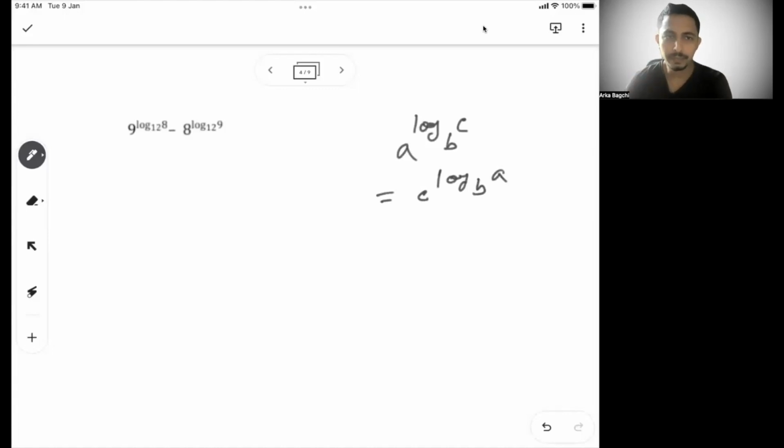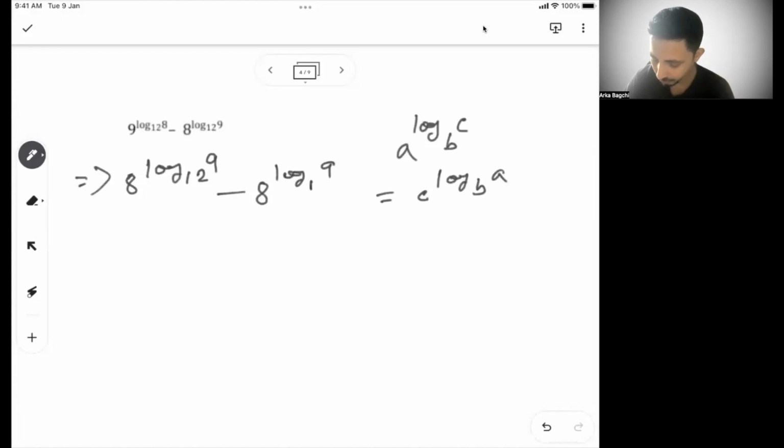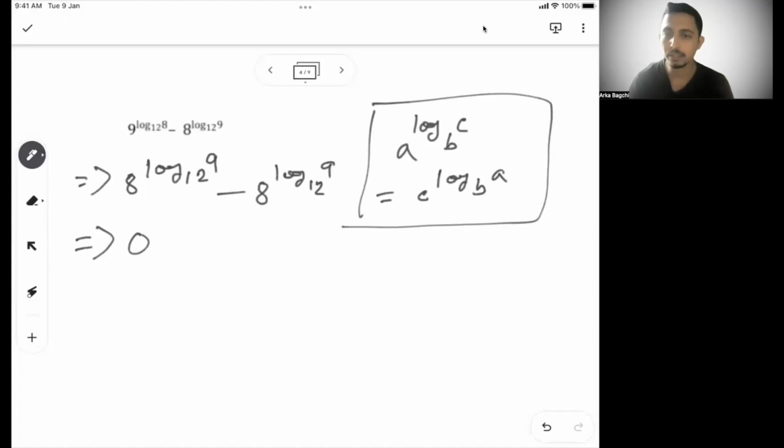So basically 9 to the power log of 8 base 12, the first one can be easily written as 8 to the power log of 9 base 12. Why I'm writing that? Because the next term is like that, 8 to the power log of 9 base 12. So this is becoming 0. Okay. So I just wanted to illustrate if you recall this formula or not. It's a very important formula.